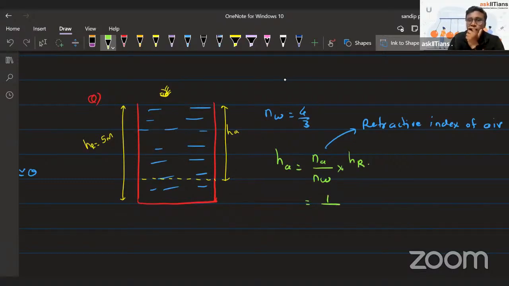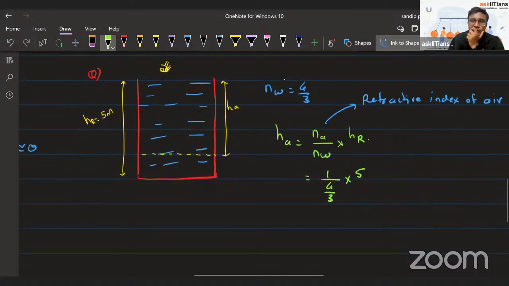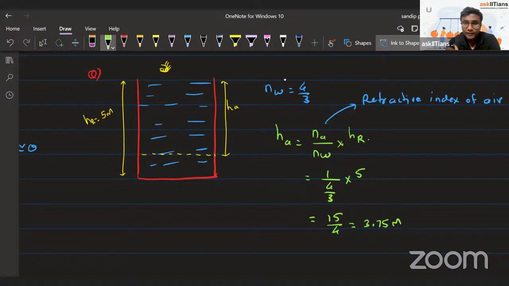Okay, so this is 1 divided by 4/3 into real depth, which is 5. So you'll get 15 by 4, or how much is this? 3.75. So this will be 3.75.